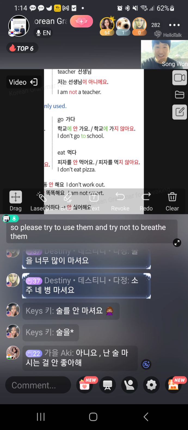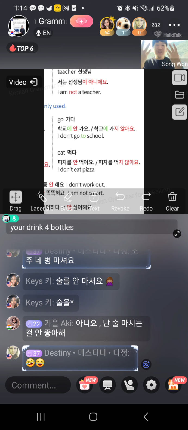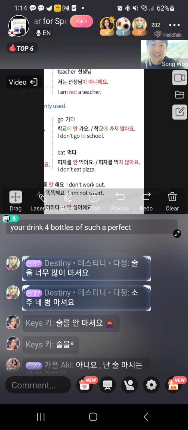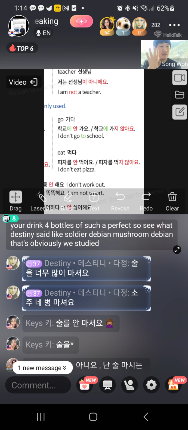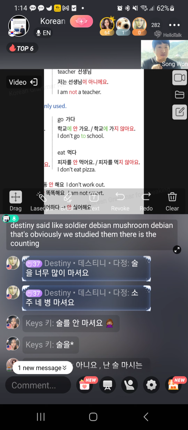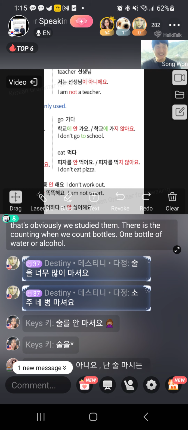Perfect. Key, you're perfect. Destiny, all right. Now everyone in the world knows that you drink 4 bottles of soju. Perfect. So see what Destiny said: 소주 4병 마셔. 4병. Obviously we studied that. 병 is the counter when we count bottles. 1 bottle of water or alcohol, whiskey, beer, whatever, right?